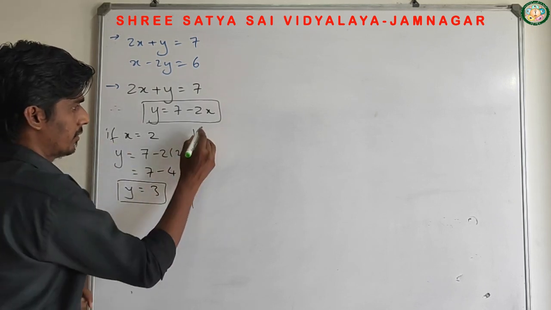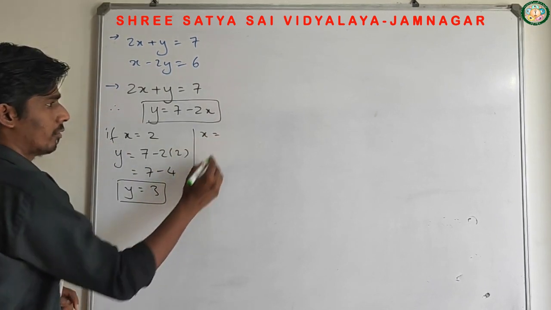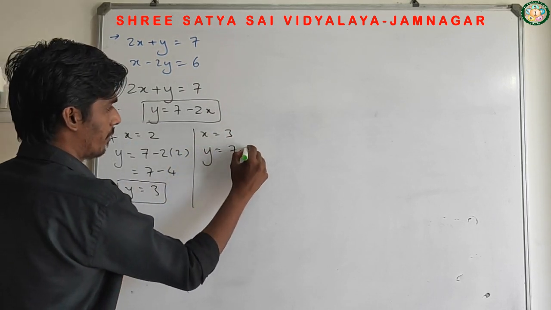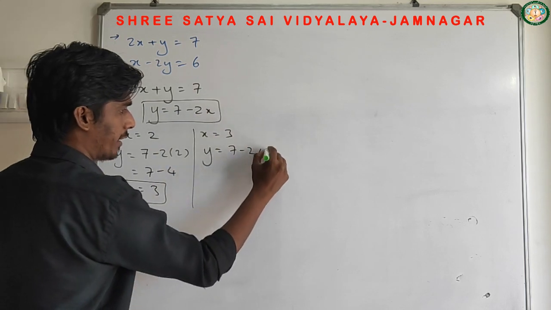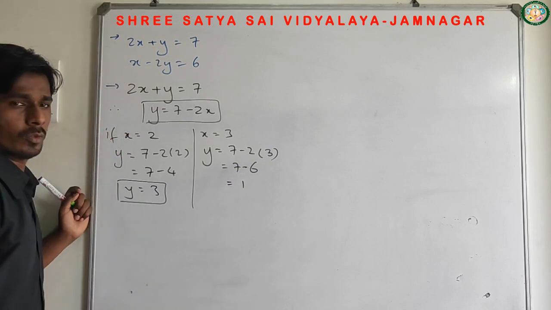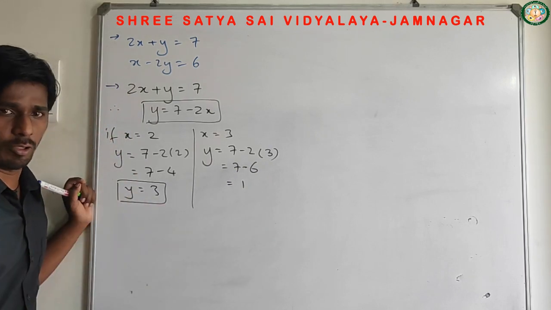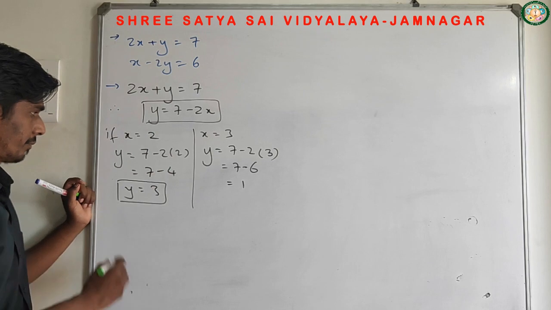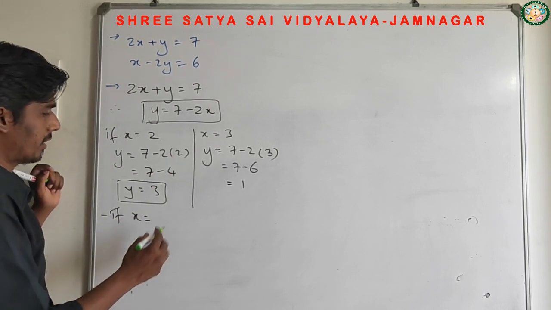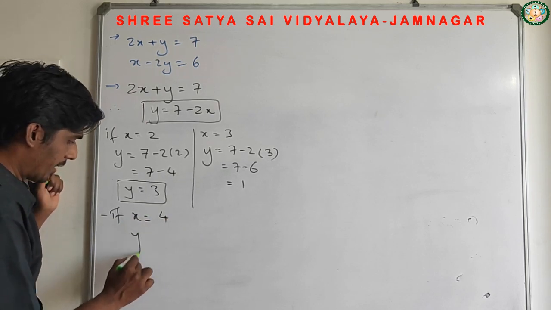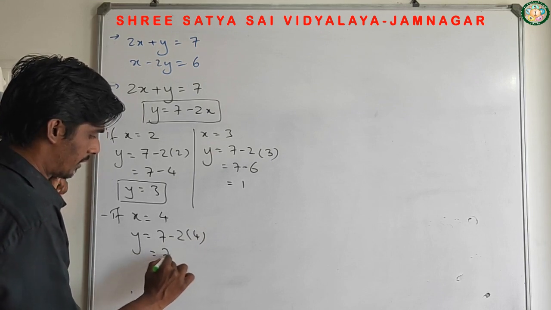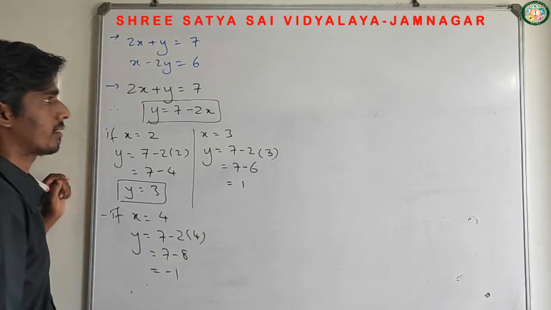Then another, let's take x equals 3. Then in y equals 7 minus 2x, instead of x I write 3. So 7 minus 6 equals 1. I have to take at least 3 solutions to get a straight line. If x equals 4, then y equals 7 minus 2 into 4, 7 minus 8, which is minus 1.